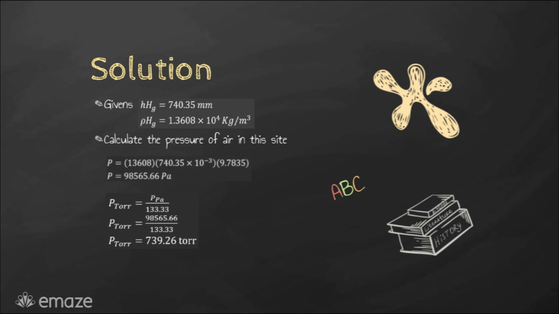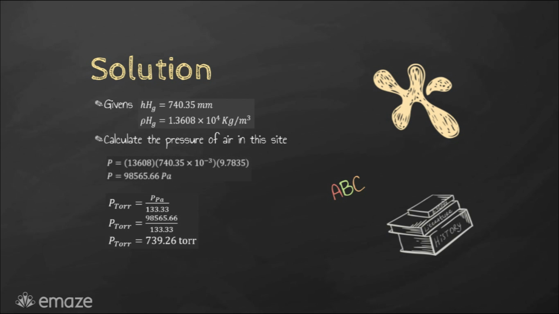From the problem, we know that height equals 740.35 millimeters and the density is equal to 1.3608 times 10 to the power of 4 kilograms per meter cubed. Therefore, with the equation pressure equals density times gravity times height, we put in the known information, which has been converted to its respective international system of units.